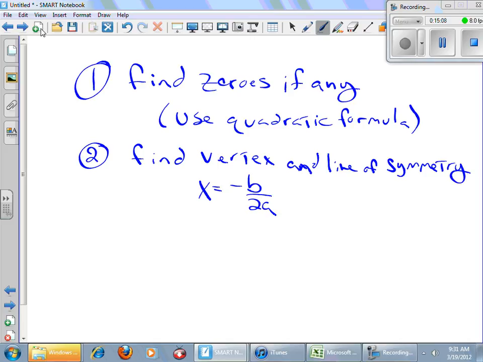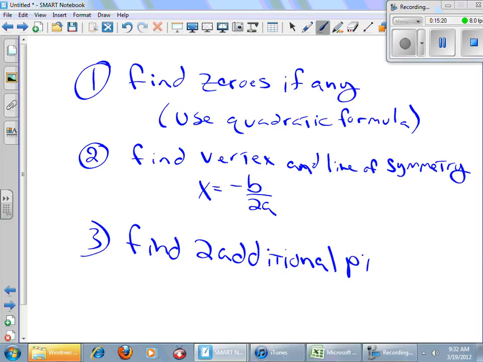All right. Now, if I only have one point, then I need to find two additional points. If I have two zeros and the vertex, I can graph. If I don't have two zeros, I've only found the vertex, I need to make sure I have two additional points, 3 points altogether.